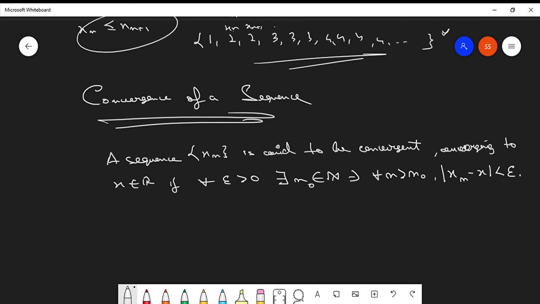Clear? For all n greater than n naught, the mod of xn minus x is less than epsilon.